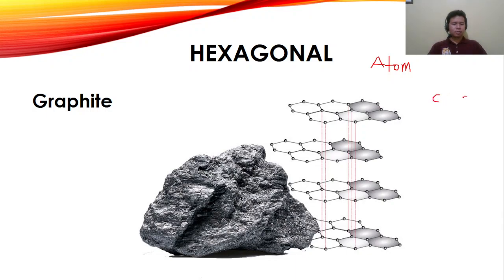Carbon, carbon, carbon, carbon. There. It is arranged in a repetitive way, creating a hexagonal structure. So that is considered to be the shape of graphite from its arrangement of atoms being hexagonal. Okay? Great. So let's proceed.